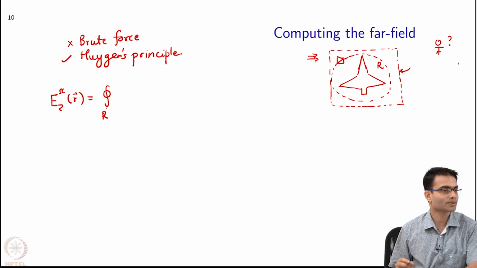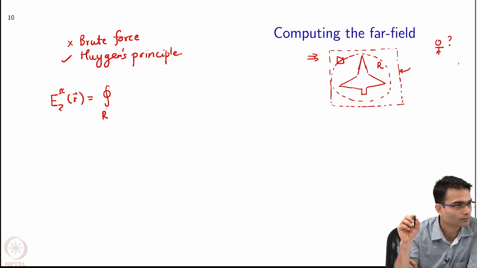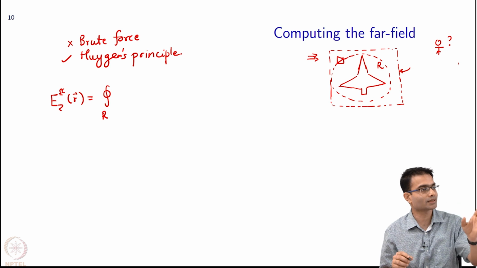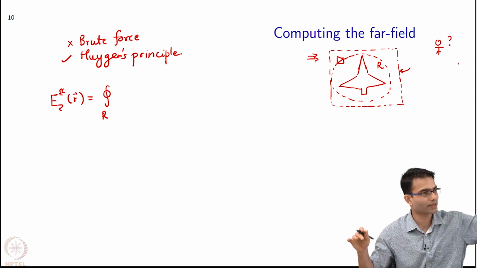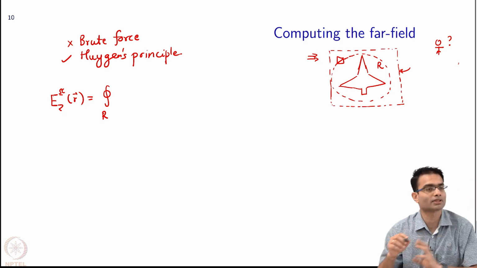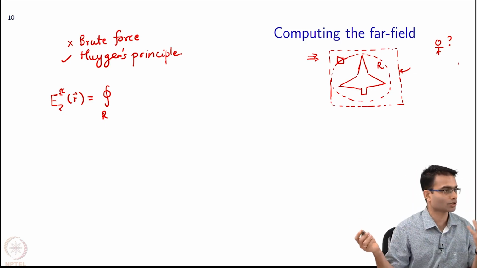What are the terms that will come here? This is scattered only. The E total is E incident plus E scattered, so remove the incident. I am only calculating the scattered field. Remember this is going to have G and grad G, those are the two terms.